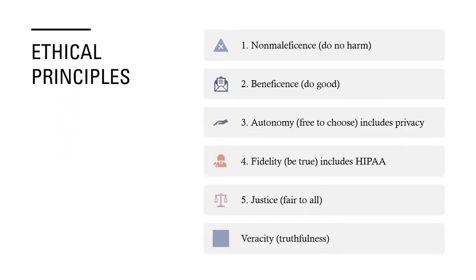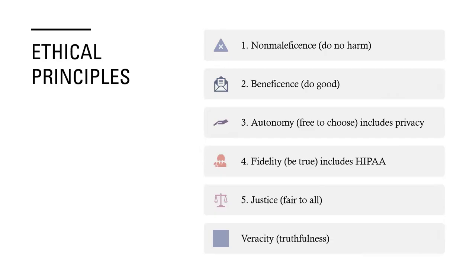So we do have some ethical principles here, and we look at non-maleficence. That is to do no harm. Beneficence is what we're going to do. Is that going to benefit this client? Autonomy, free to choose. This includes privacy.